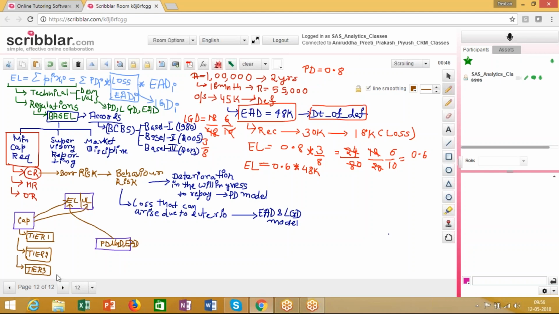Third is tier 3 capital. However, whenever we talk about regulatory capital, there are these two tiers that are there.